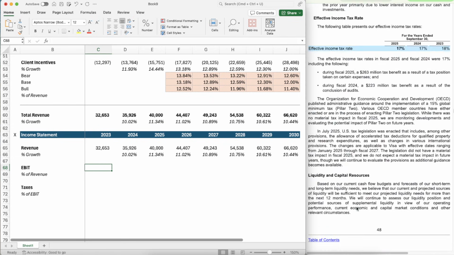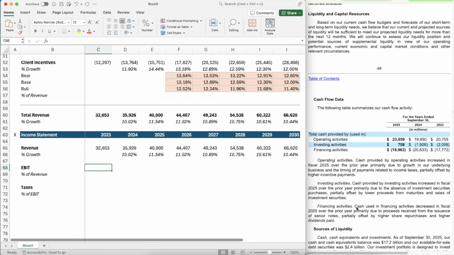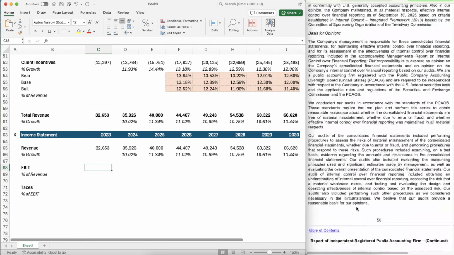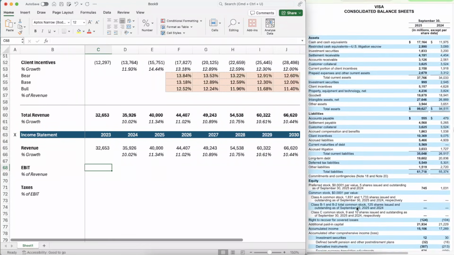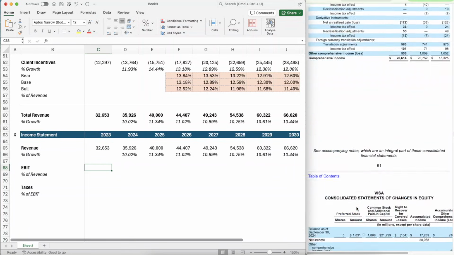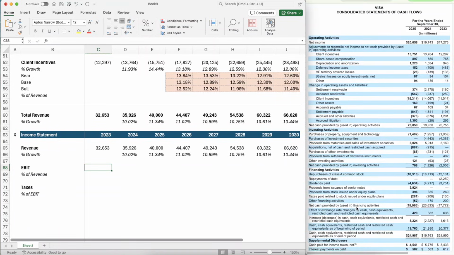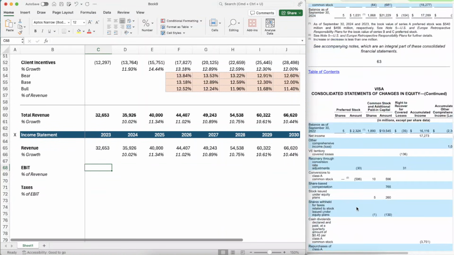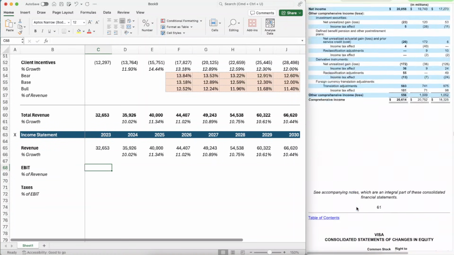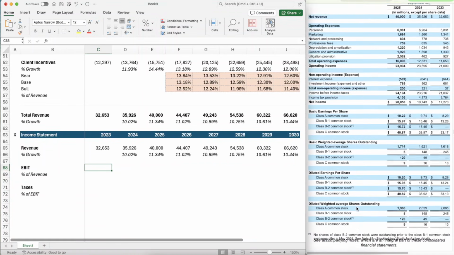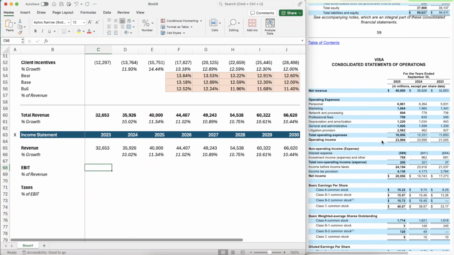Okay, for the income statement, we have to come down here to page 60.